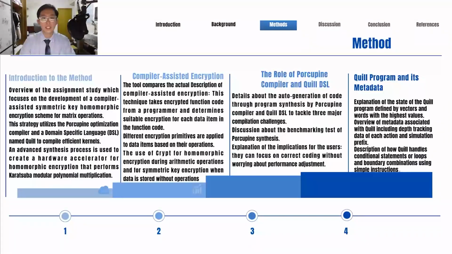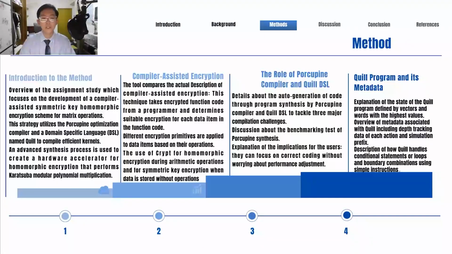This technique takes encrypted function code from the programmer and determines suitable encryption for each data item in the function code. Different encryption primitives are applied to data items based on their operations.